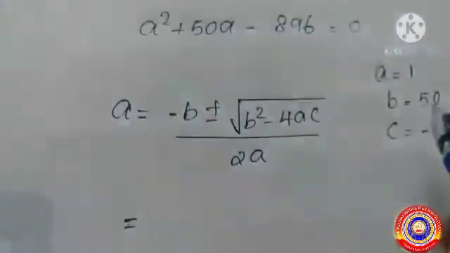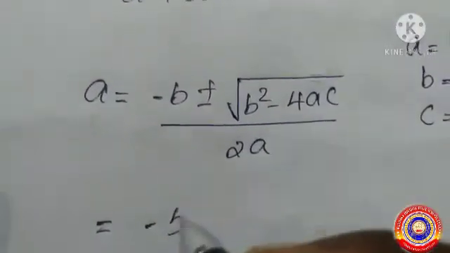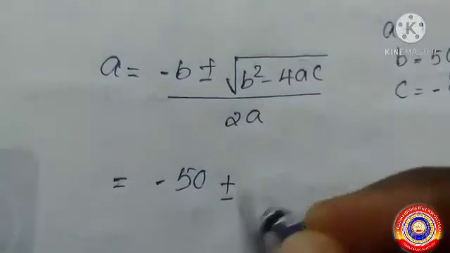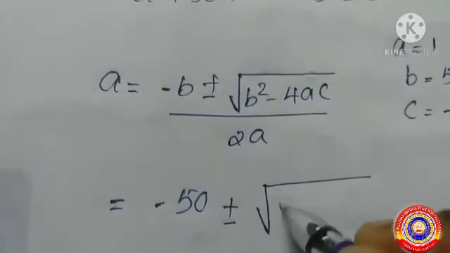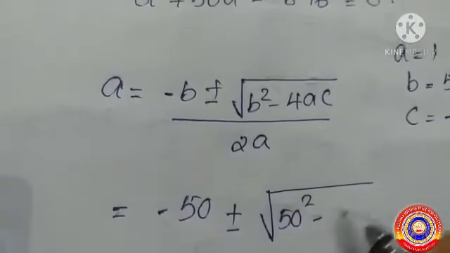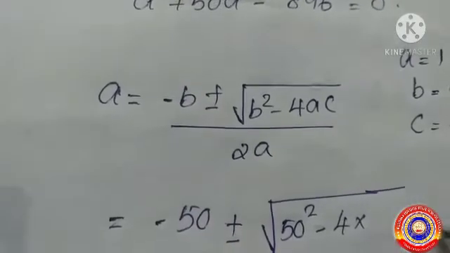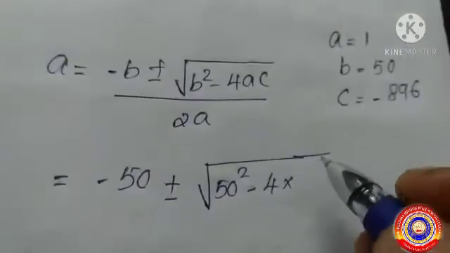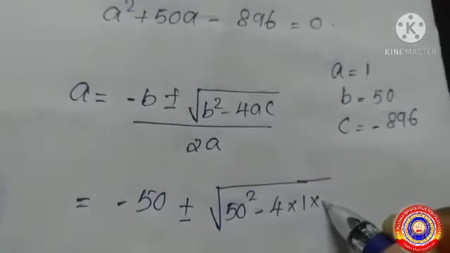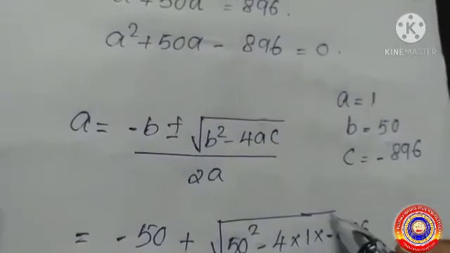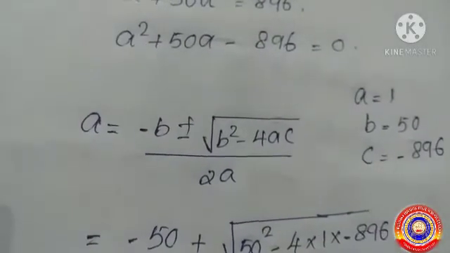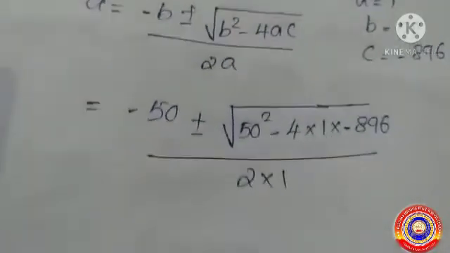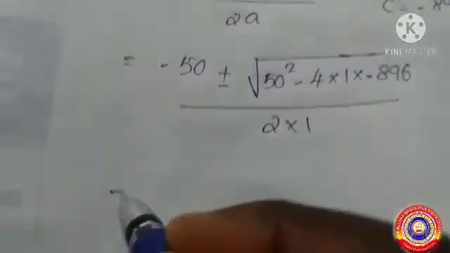So B equal to 50. So we can put minus 50 plus or minus root of 50 square minus 4 into A is 1 and C equal to minus 896, divided by 2 into 1.